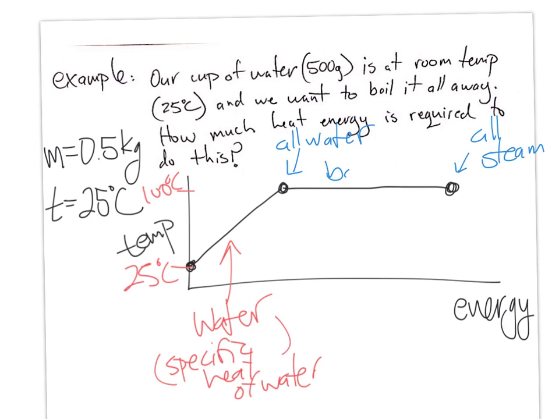So here we are boiling, and to calculate how much energy is required to boil it, we're going to use heat equals the heat of vaporization times the amount of substance. So let's plug in.